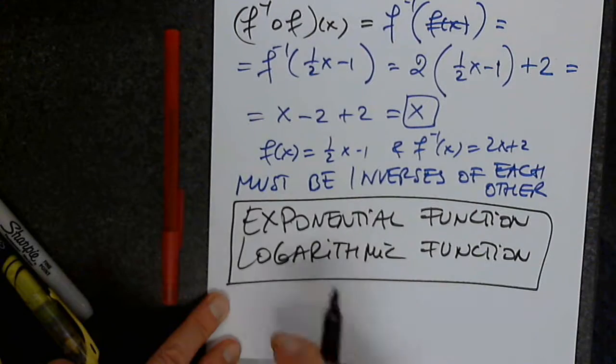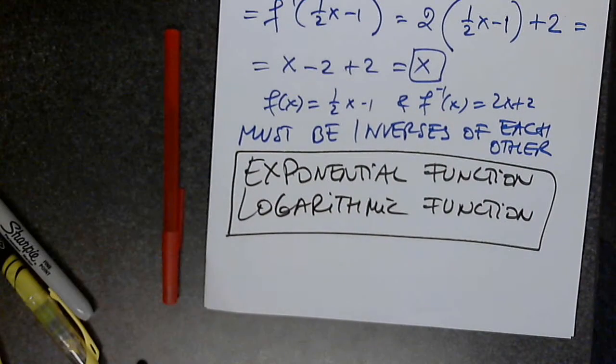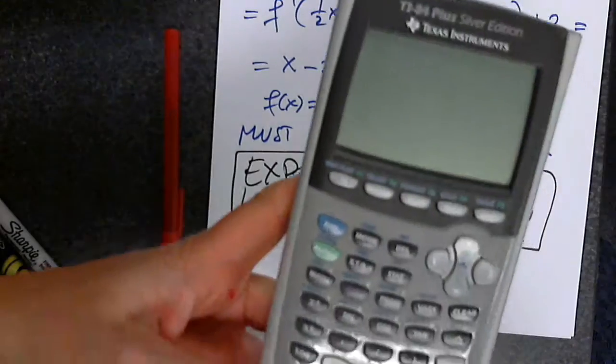This is what we are going to talk about. And the reason we talked about the inverse function first is because these two are inverses of each other. The exponential is the inverse of log, and log is the inverse of the exponential.